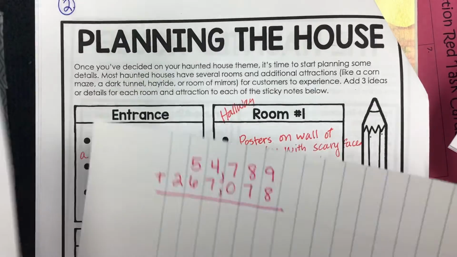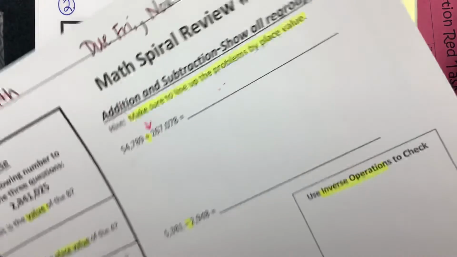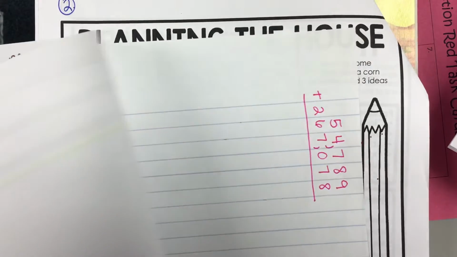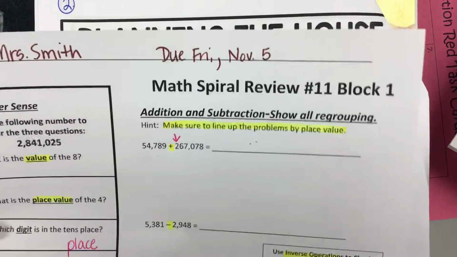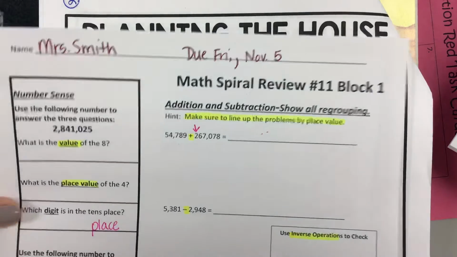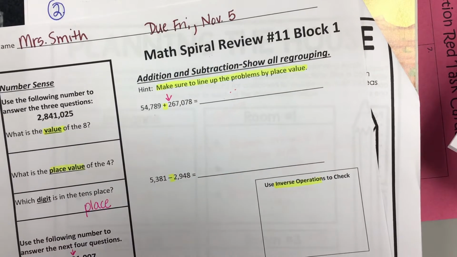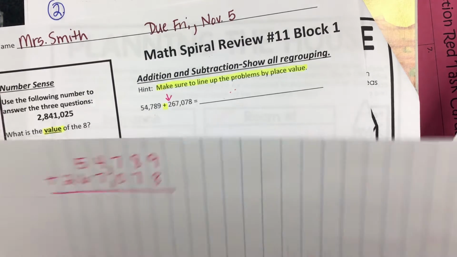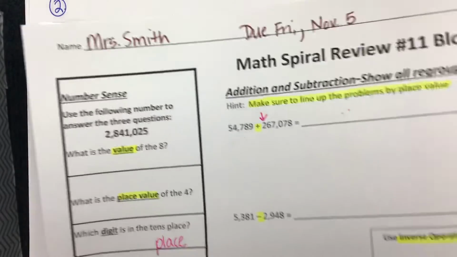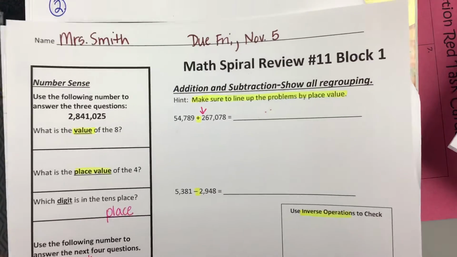Since I need to show my work, I'm going to staple this lined paper to my Block 1 Spiral 11. Now, if you did your work here, there's no need to staple a blank piece of paper. But if you're doing your work on a clean sheet, please staple it to Math Spiral 11.